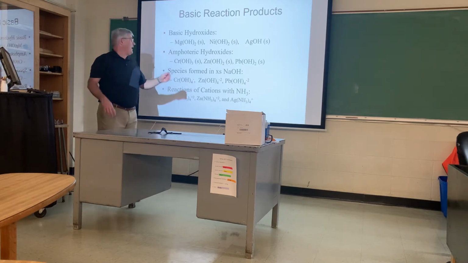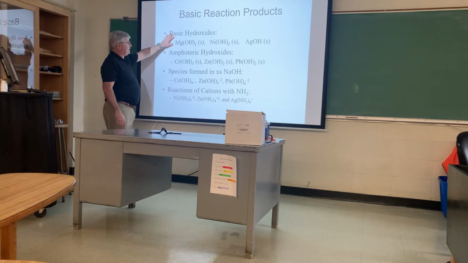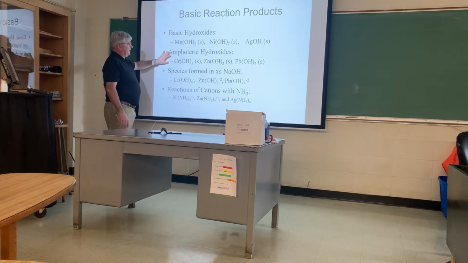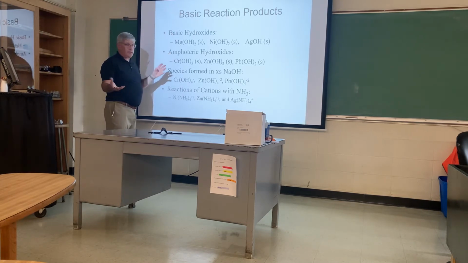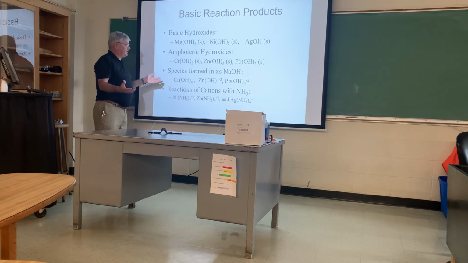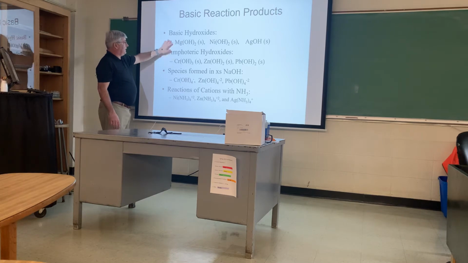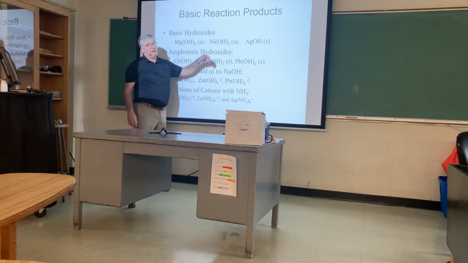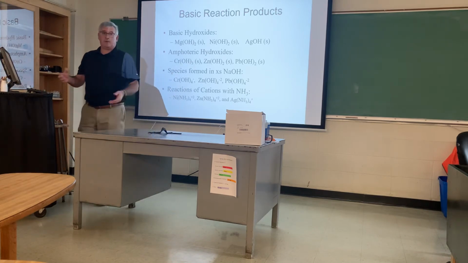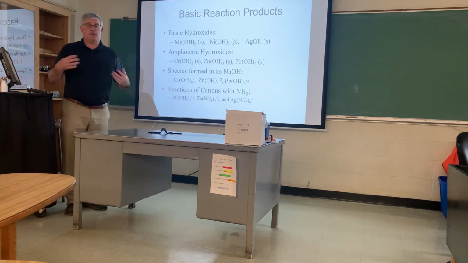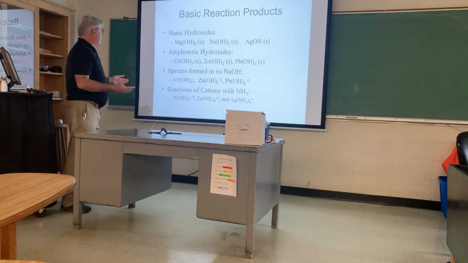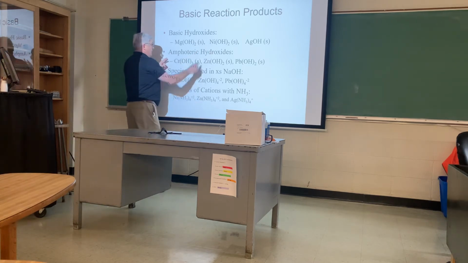And so now I have separated the basic hydroxides from the amphoteric hydroxides in the first step of a separation. So if I have one of these or one of these, then I would be able to distinguish that. Now there's other things like chromium and nickel, they both have distinct colors.